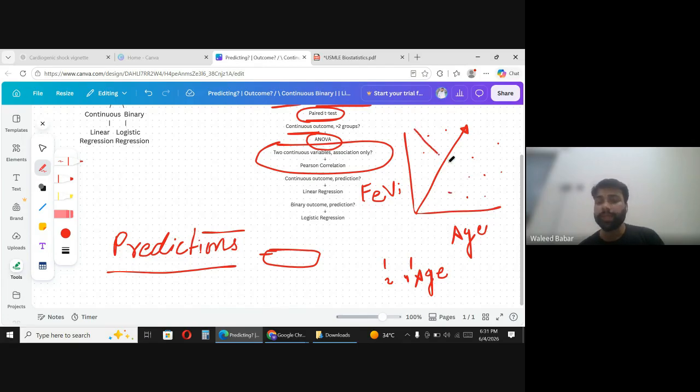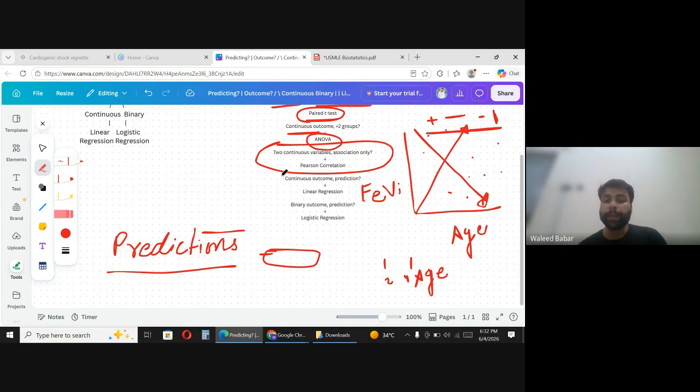And it can be negative as well. The value of Pearson correlation falls between +1 and -1. +1 or -1 shows that these two variables are maximally associated. But remember, a very important point: Pearson correlation doesn't show causation of disease.